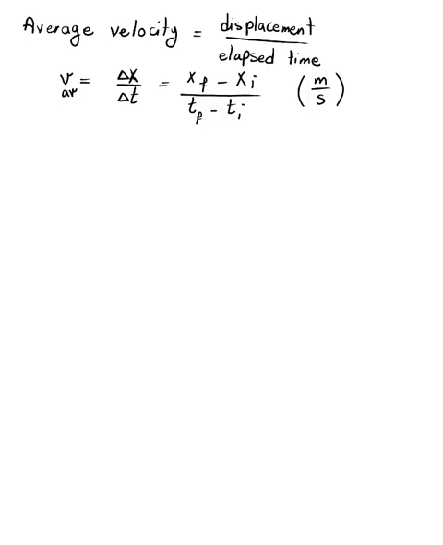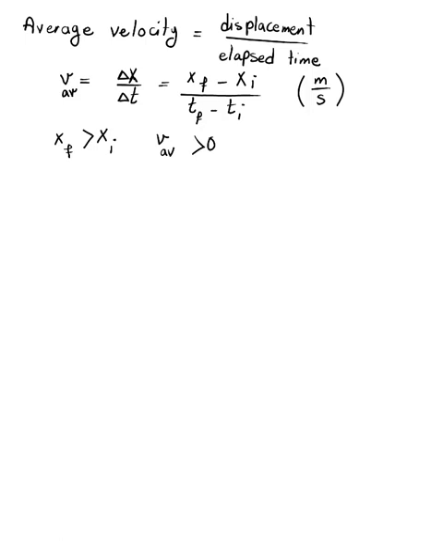So the average velocity not only tells us on average how fast something is moving, it also tells us the direction the object is moving. For example, if an object moves in the positive direction, then x final is bigger than x initial, and the average velocity is positive, because time is always positive, right?